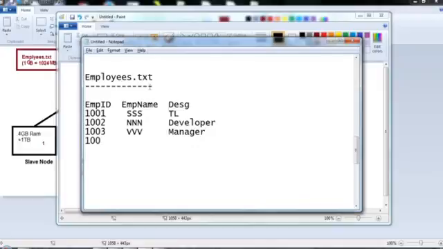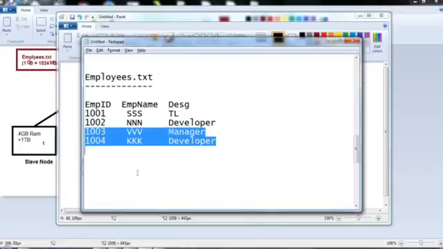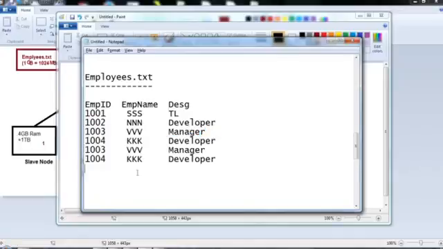Then we have 104, developer only. I think we have a lot of data actually, because we have to reach 1024. So let me copy few. Now we'll change it to 4, 5, 6, 7, 8.